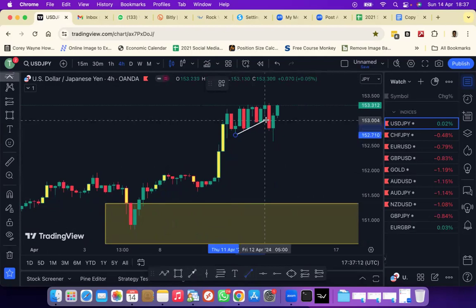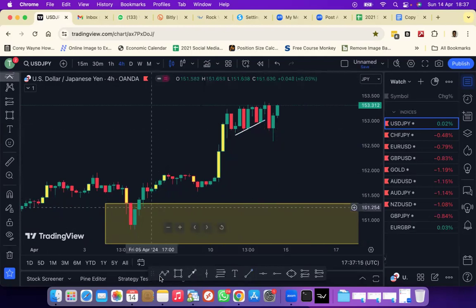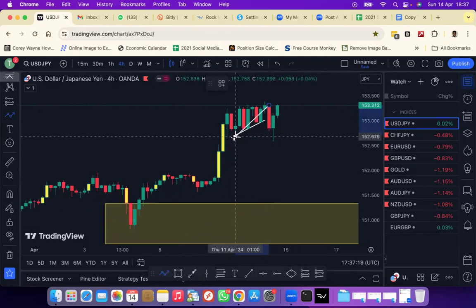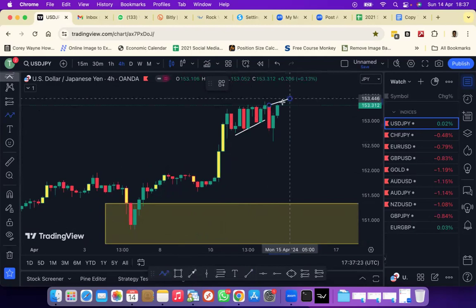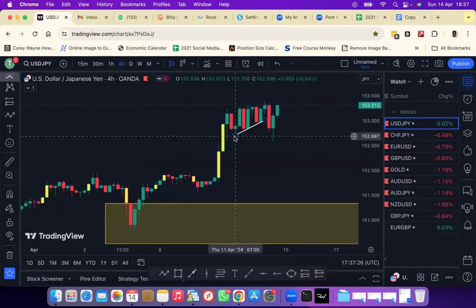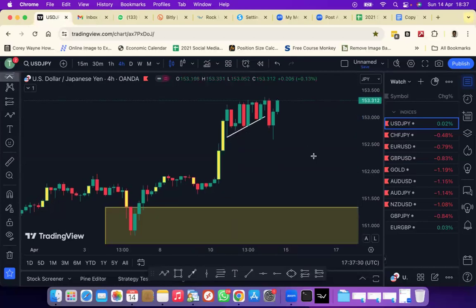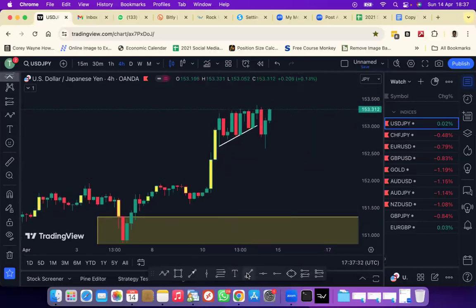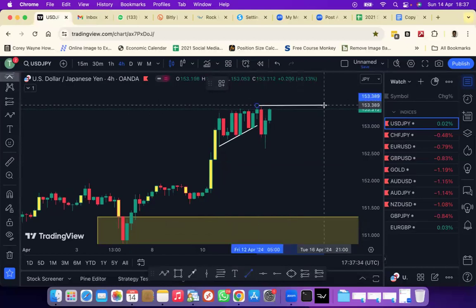This is a trend line liquidity. And what did the price do? You see price coming down to take out liquidity. Price took out all of this liquidity, even to this point here. So what I think price is going to do this week is possibly break this high.